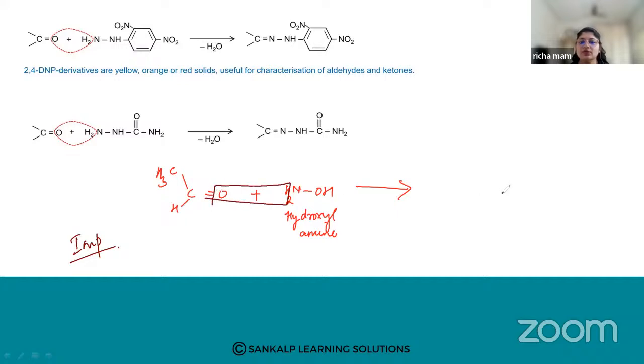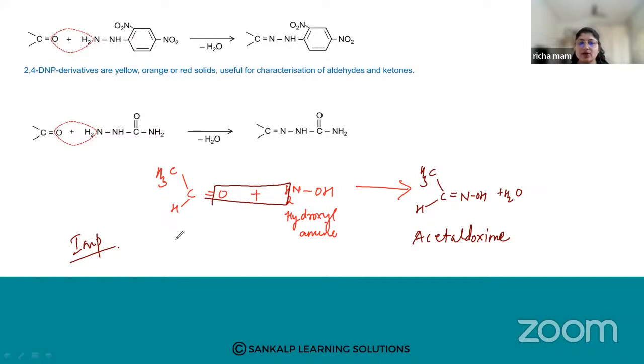H2O will go. So what will form? CH3, C, double bond NOH, and this is H. What is the name of this product? It is an oxime, so it is acetaldoxime. Is it clear?